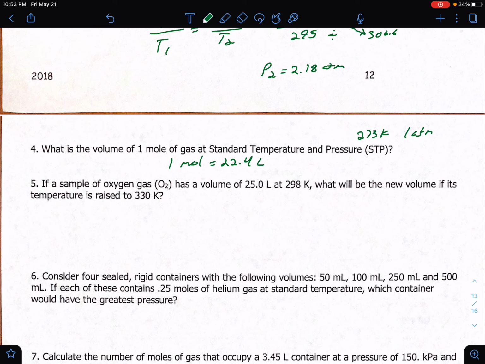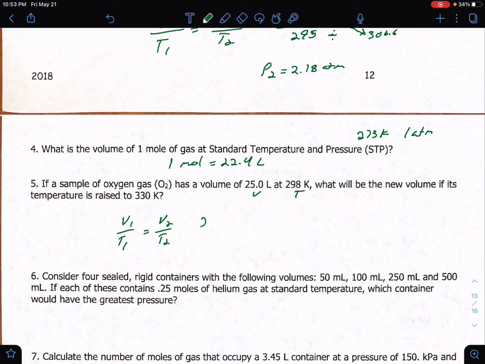Okay, 5: if a sample of oxygen gas, O2, has a volume of 25 liters at 298 Kelvin, what's the new volume if the temperature is raised to 330 Kelvin? So I'm given volume and temperature, and I'm looking for the new volume, and I have the new temperature. So this is going to be V1 over T1 equals V2 over T2.